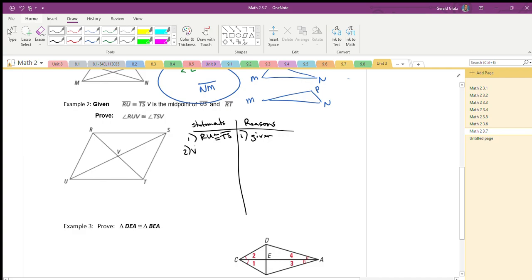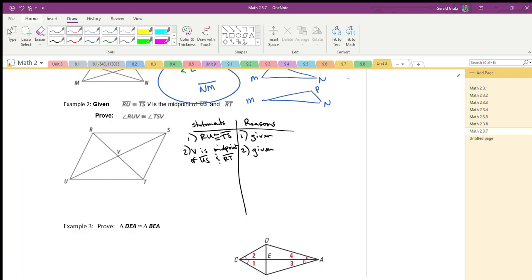And they also give us that V is the midpoint of US and RT. So that's also given. So those two pieces of information are going to be very useful for us.